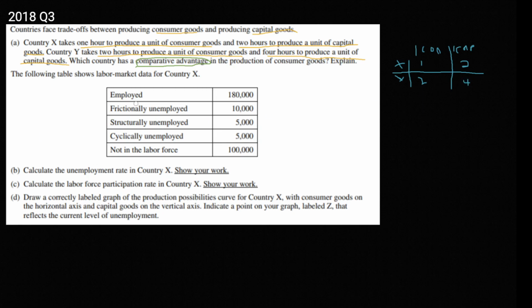And if you look at the table, you can see that going from X to Y, it doubles in both the consumer and the capital goods. The ratio is constant. So just because it takes country X less time for each, going from consumer good to capital good, it doubles for both countries.